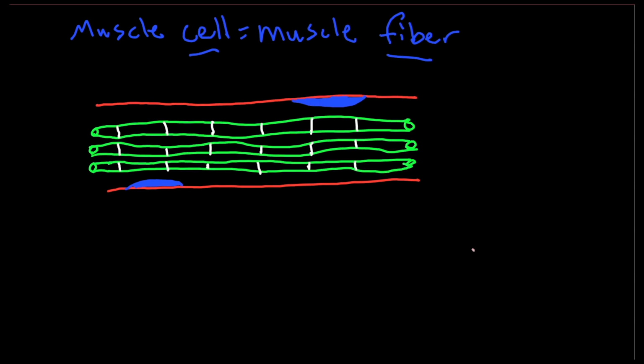So this is a diagram of a typical muscle cell, obviously very basic, but I just wanted to get the general idea of what's going on here. And let's label some of the stuff. So one histological feature of skeletal muscle cells that is completely different from cardiac muscle cells and smooth muscle cells is that they are multinucleated.